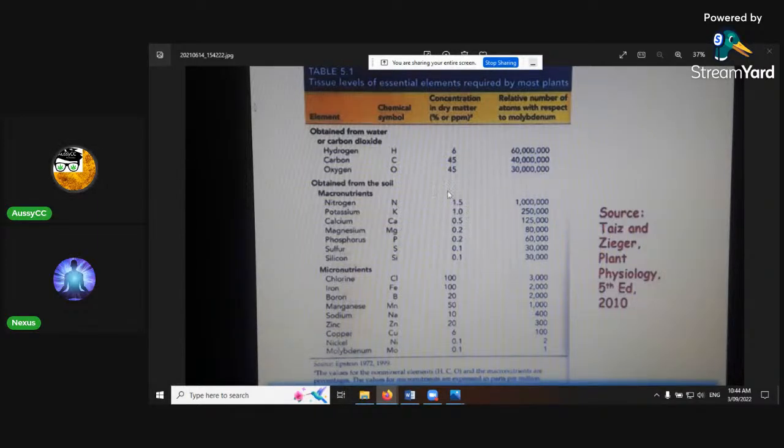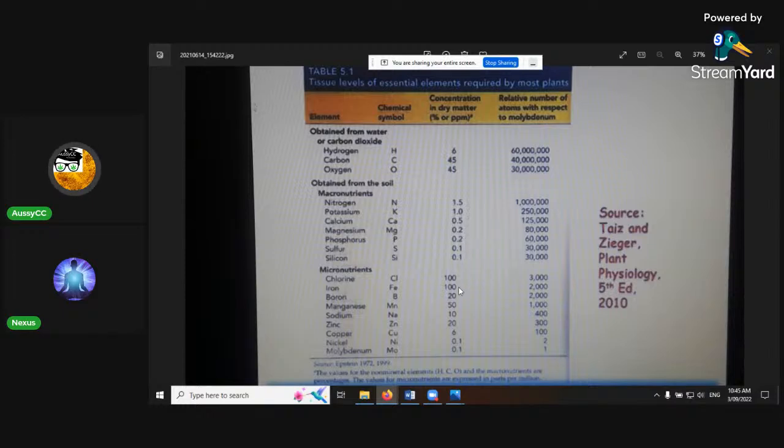But this is to explain this chart here. This says 96% of your plant comes from three elements: hydrogen, carbon, and oxygen, and hydrogen is the most abundant in your plant tissue. Then you've got your macros beneath it. So 1.5% is nitrogen, then 1% potassium, 0.5% calcium, and magnesium goes down.